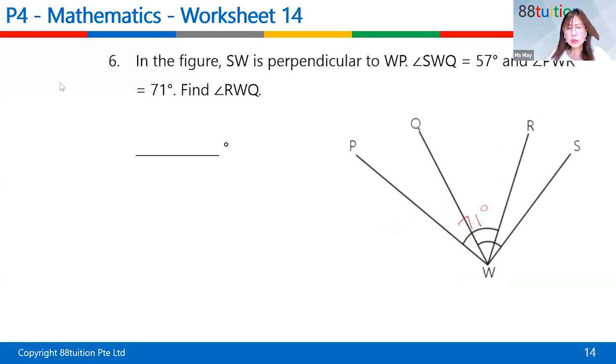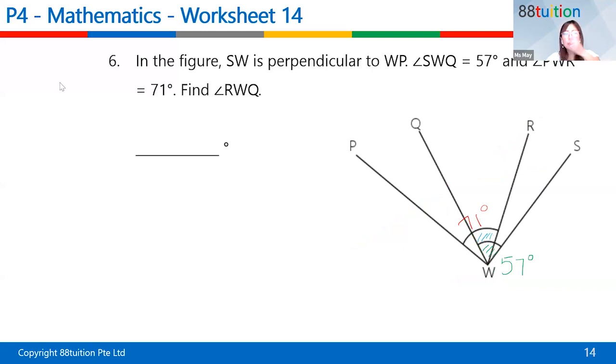Okay, so this is 71 and this part here is 57 degrees. So we are finding RWQ, which is this middle part here.